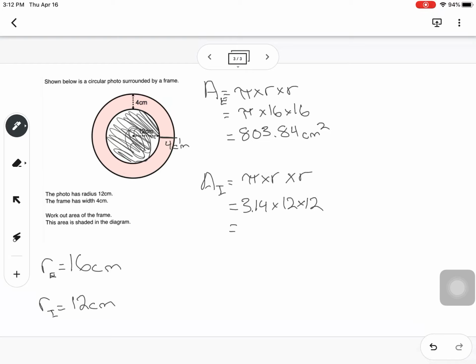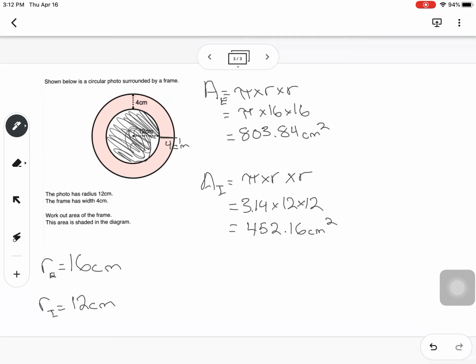And we get 3.14 times 12 times 12 equals 452.16 centimeters squared.